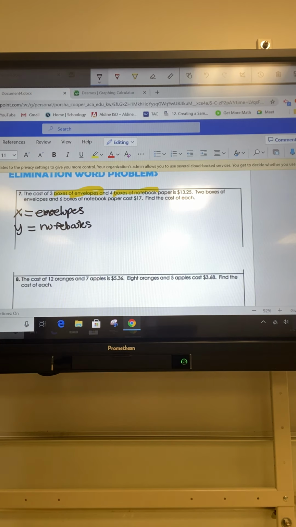All right? And so what we're going to do is we're going to write two equations that go with this story, and then we're going to solve those two equations to figure out what is the cost of each. So it says the cost of 3 boxes of envelopes and 4 boxes of notebooks is $13.25.